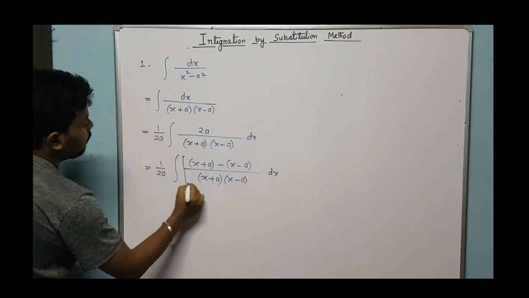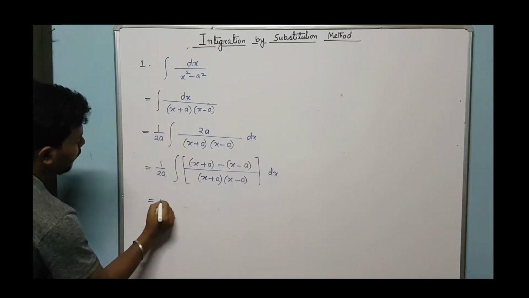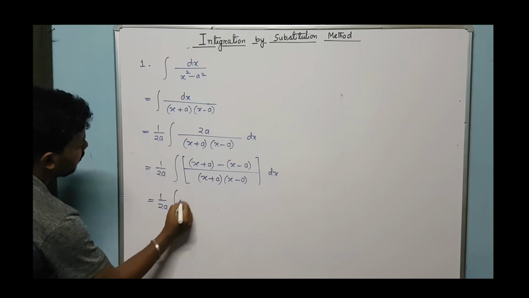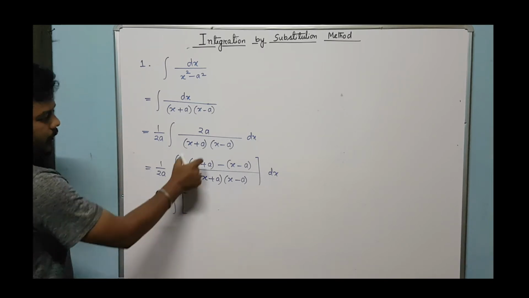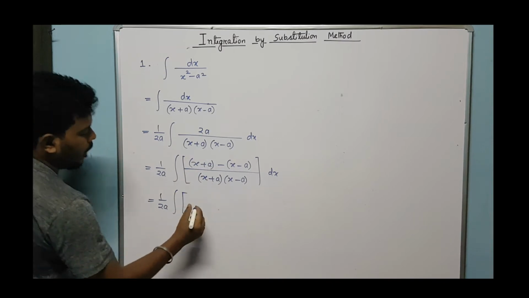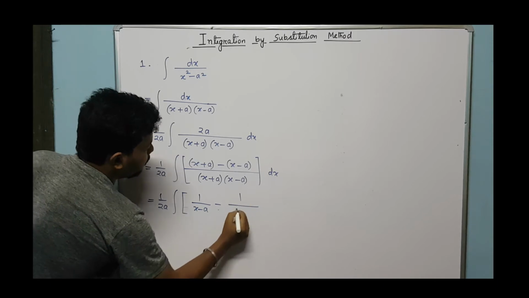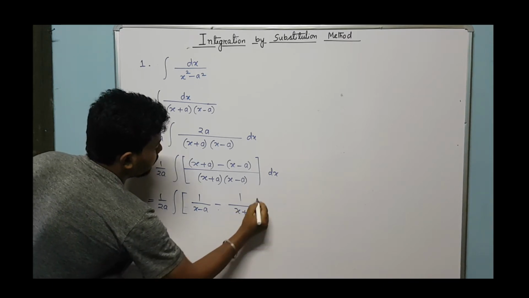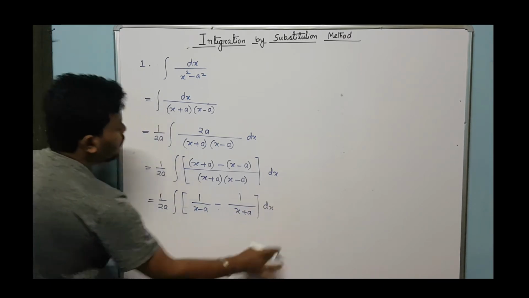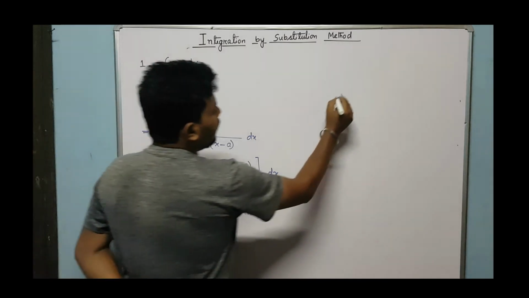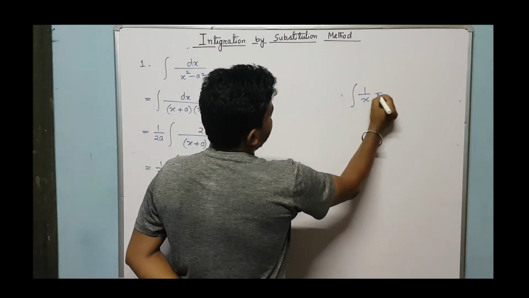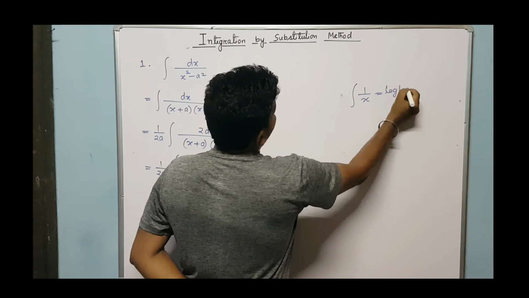Now dividing by the denominator, I get 1 by x minus a minus 1 by x plus a. We know that if I integrate 1 by x, this is log of mod x.